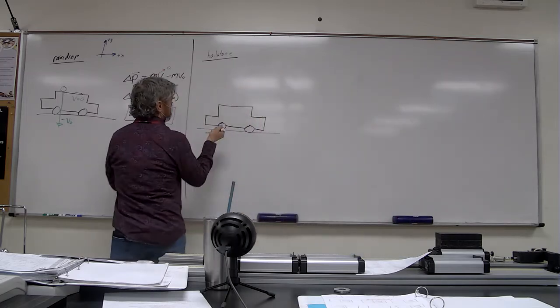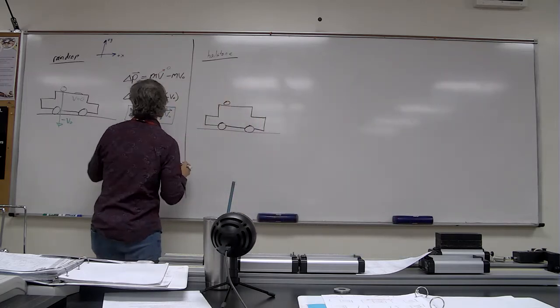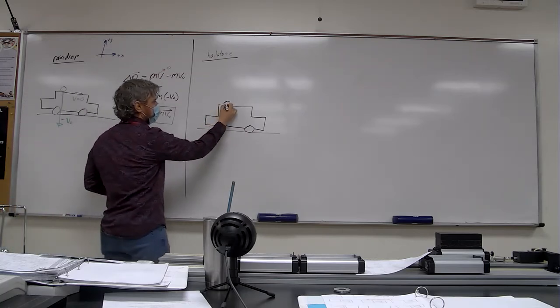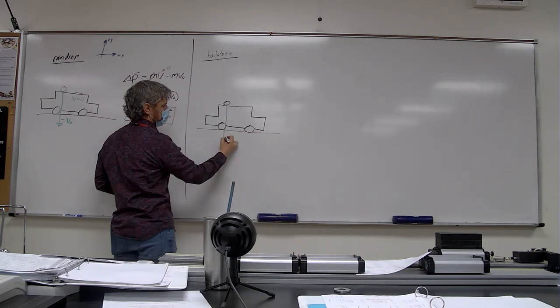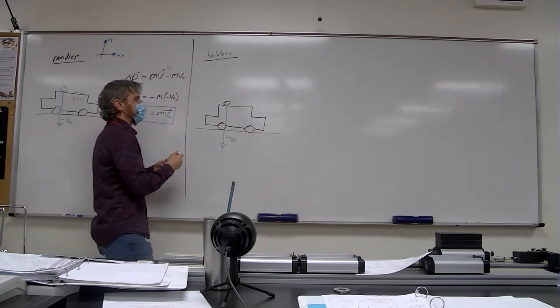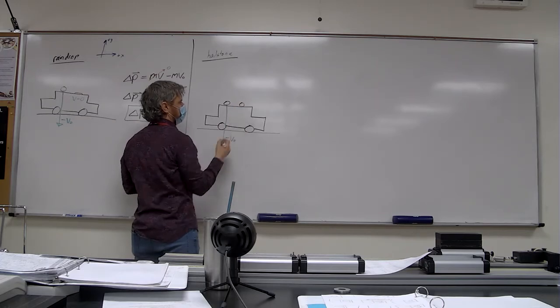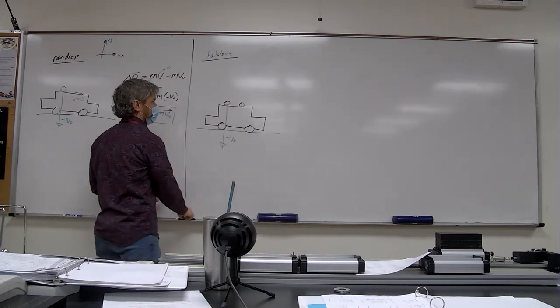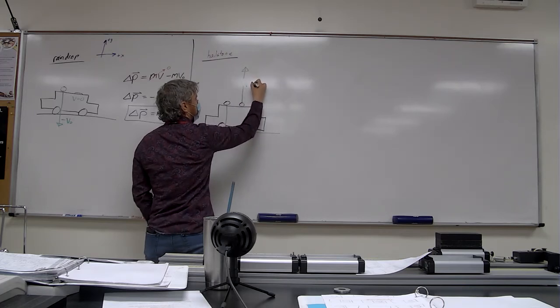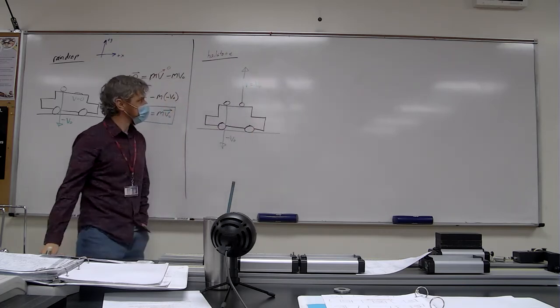So again, initially I have the hailstone, same mass as the raindrop, with the same initial speed, which is negative v naught because it is pointing down. But then immediately after the collision with the rooftop of the car, it's moving upward with a final velocity of positive v naught.